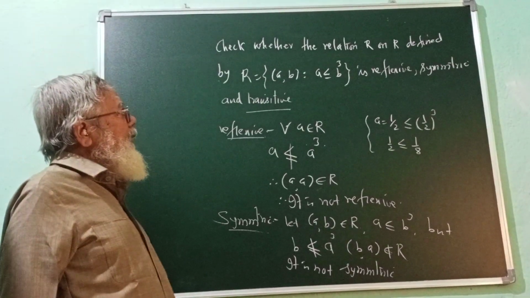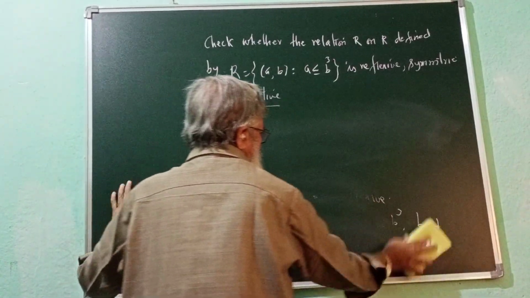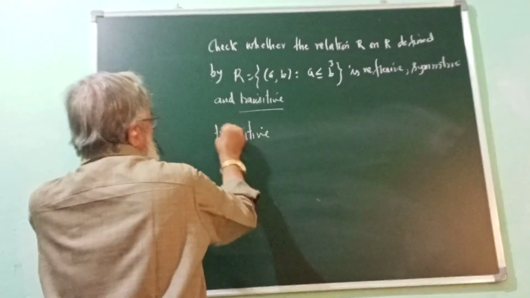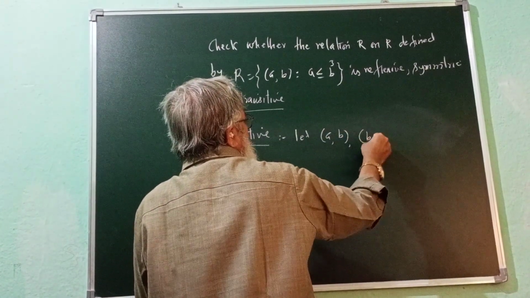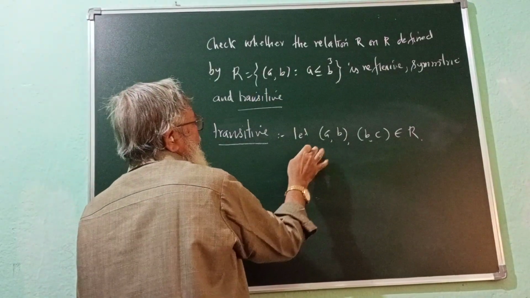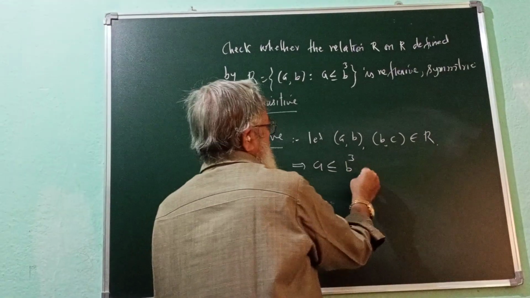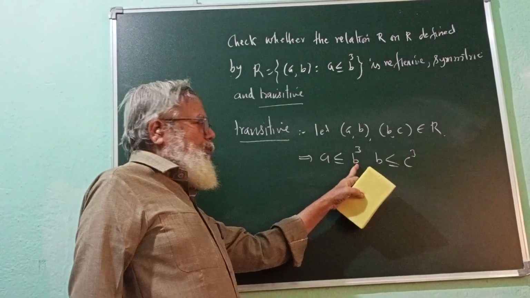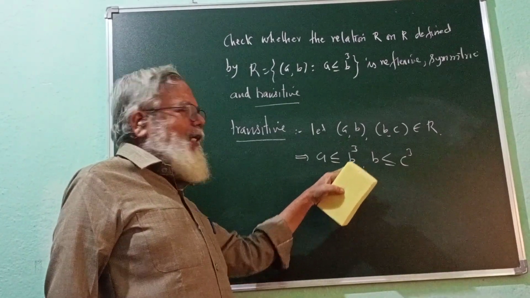Now we have to check for transitive. Let (a, b) and (b, c) be two ordered pairs which belong to the relation R. Then by the definition, (a, b) belongs to R means a is less than or equal to b cubed, and b is less than or equal to c cubed. But when a is less than or equal to b cubed and b is less than or equal to c cubed, again by taking an example of two fractions, we can show that it is not true.